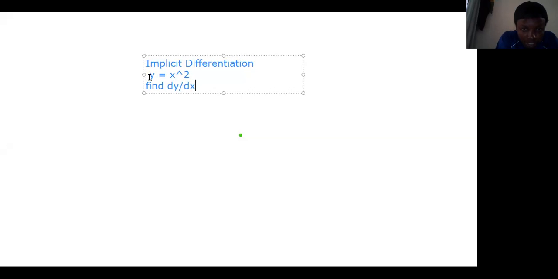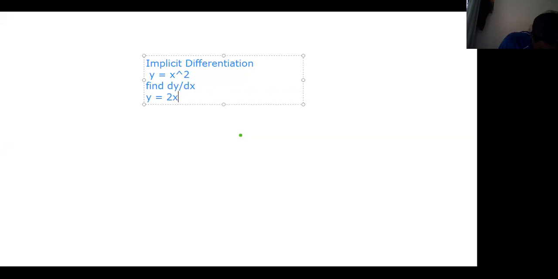Then that means y is equal to this, so we are going to differentiate with respect to x. If y is equal to the whole of this, then we differentiate the whole of it with respect to x. So now our dy/dx will become 2x, just as we already know. That's what we studied at first.